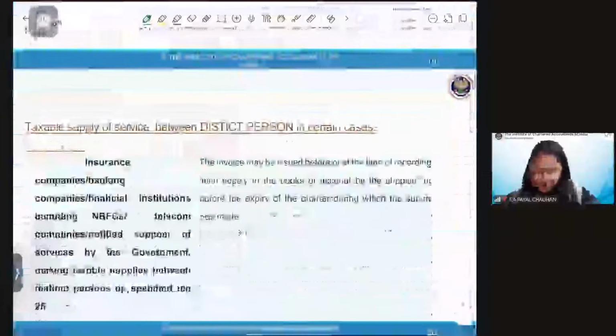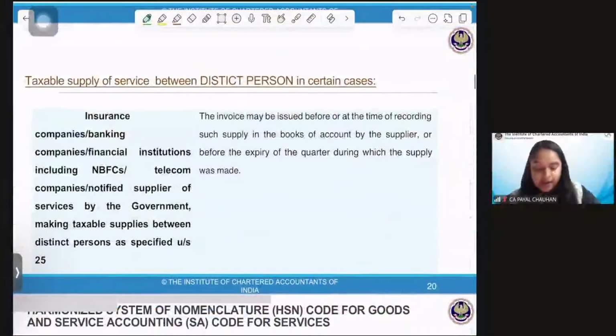Next illustration I'm not doing. If there is a supply of service between distinct persons, but not all distinct persons, between banking, insurance, financial institution including NBFC, and telecommunication or any person notified by the government, in that case invoice must be issued.